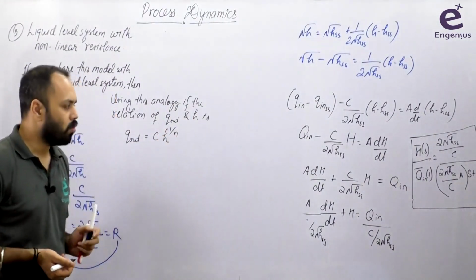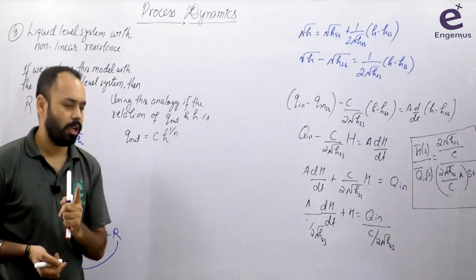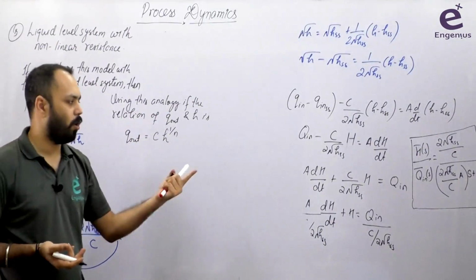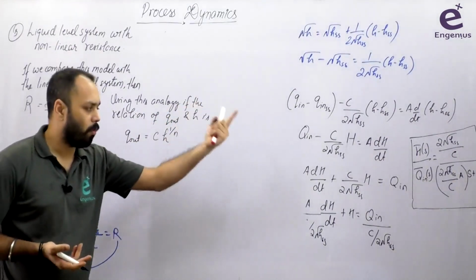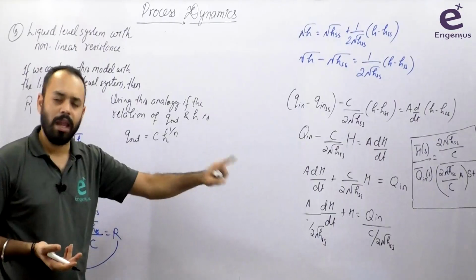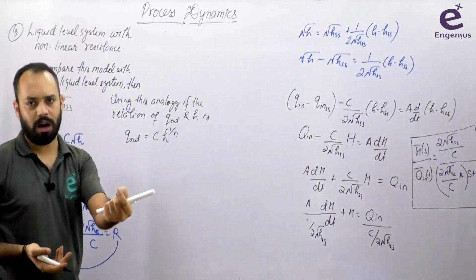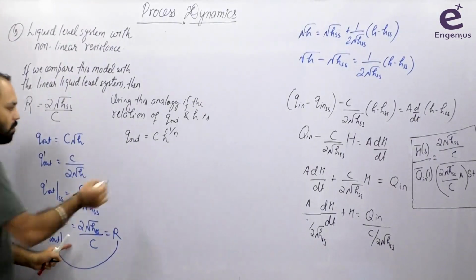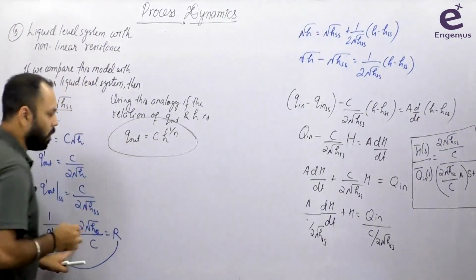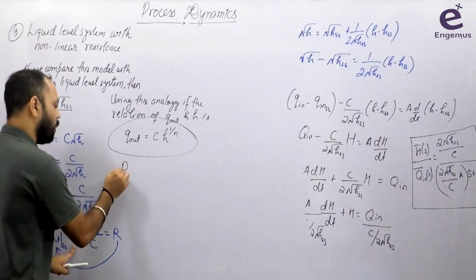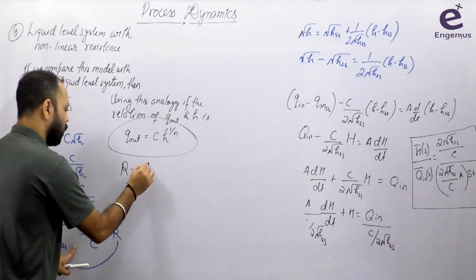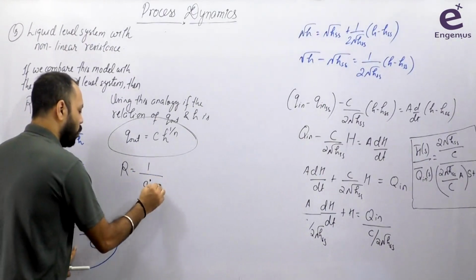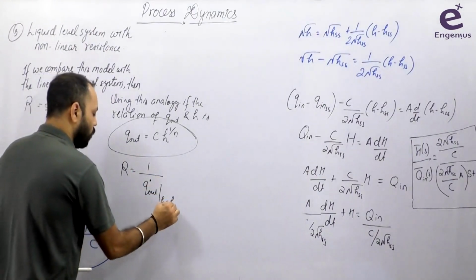Okay, tell me one thing. Suppose I give you the value of R, can you write the transfer function? Because the transfer function will be R by A into R by S plus 1. In A, A will remain. It means if I just give you the value of R, you can directly write the transfer function, and R can be found like this. So if this is the relation between Q and H, then R is equal to the reciprocal of the derivative of Q out, calculated at H equal to HSS.